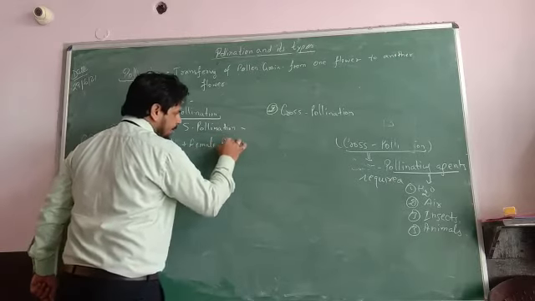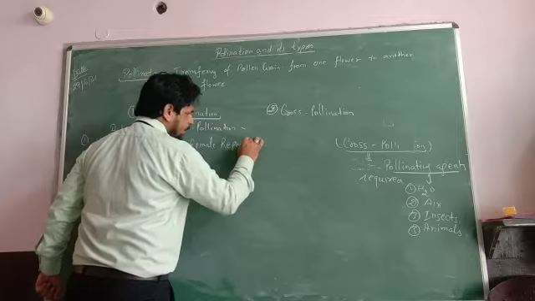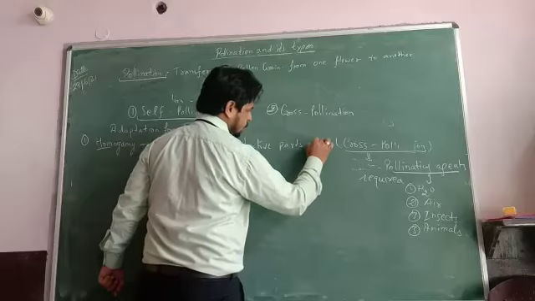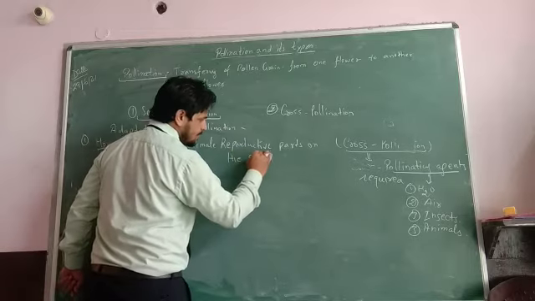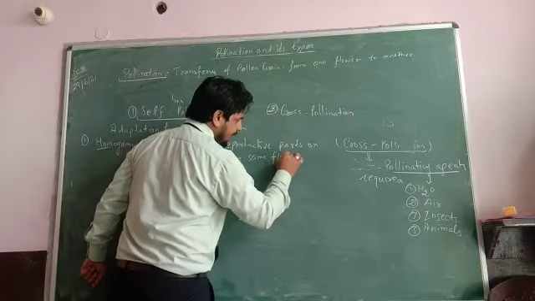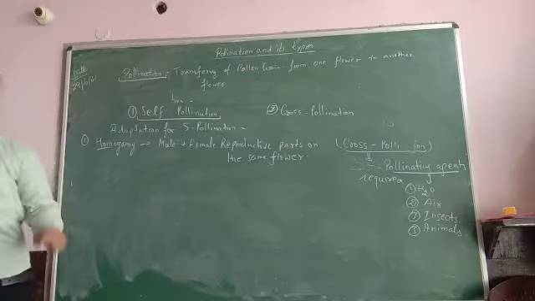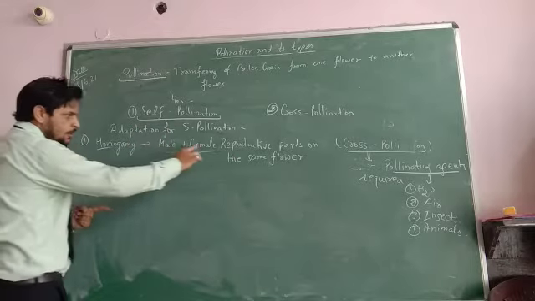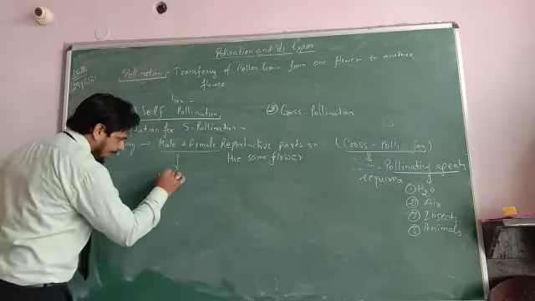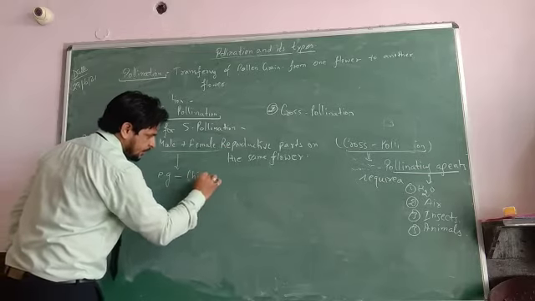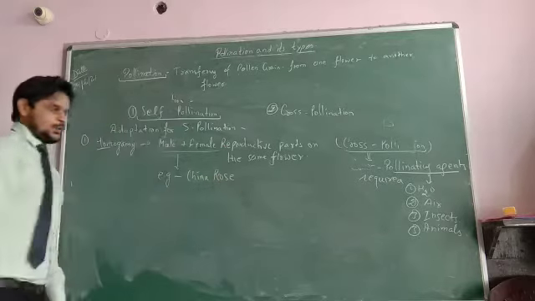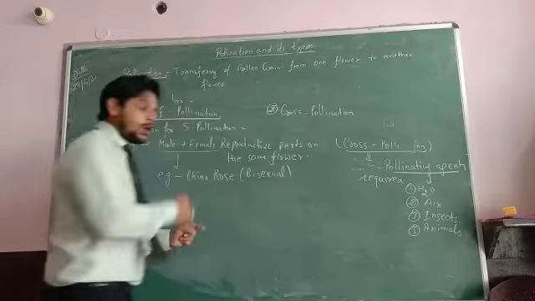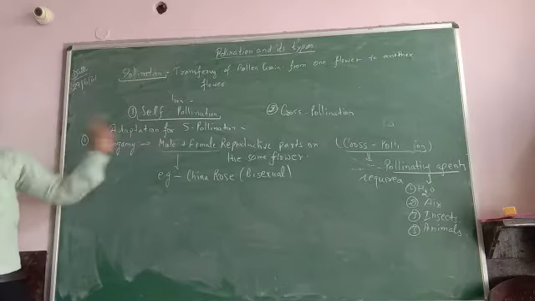Whenever a flower has both reproductive organs, it is a bisexual flower. An example is China rose, hibiscus. That is a bisexual flower, so there is a possibility of self-pollination, not cross-pollination.